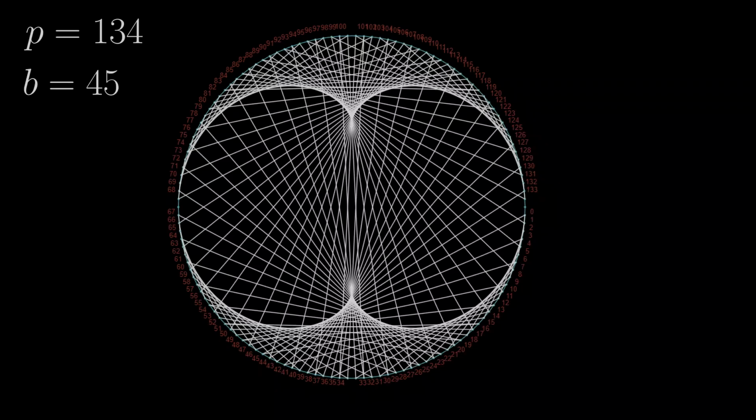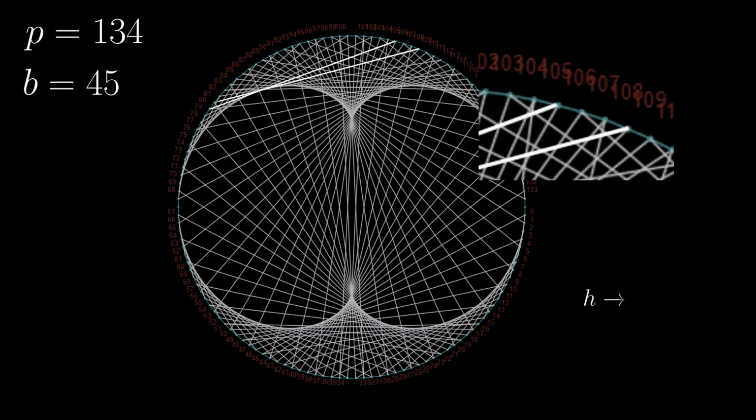Another observation is, for example, in the case when p equals 134 and b equals 45, the epicycloid is formed not by lines that are infinitely close, but those exactly 3 points apart. Thus, the continuous model, which only focuses on infinitely close adjacent pairs of lines, no longer captures the discrete jumps of the modular arithmetic.